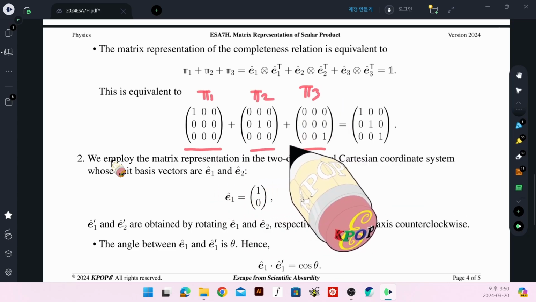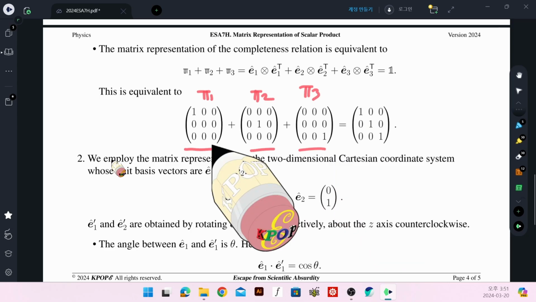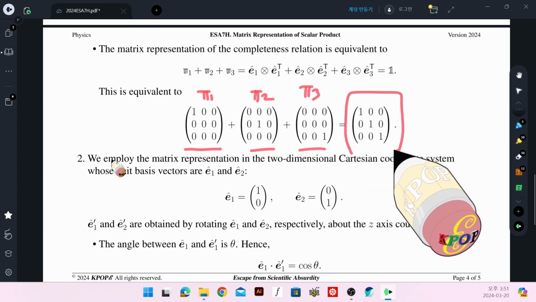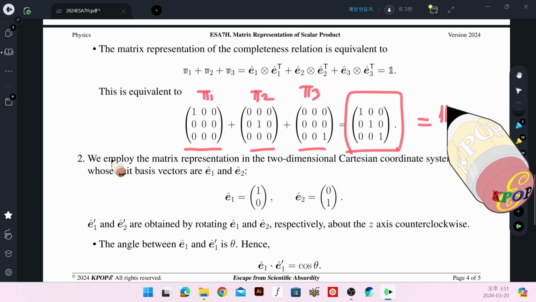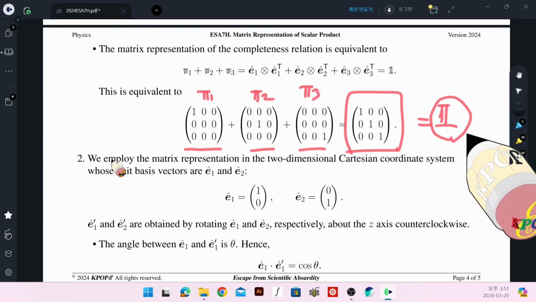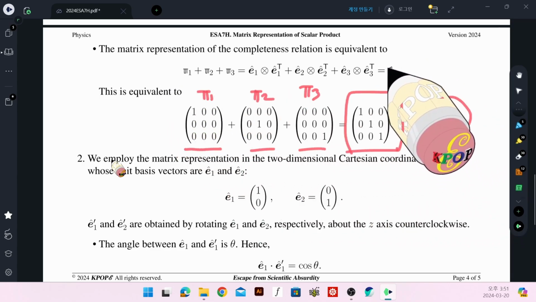If I sum these three projection operators, the matrix representations of the projection operators, we obtain the identity matrix, the matrix element for the identity operator. As a result, if I sum them all, the final result is nothing but the identity. It does not change anything at all.